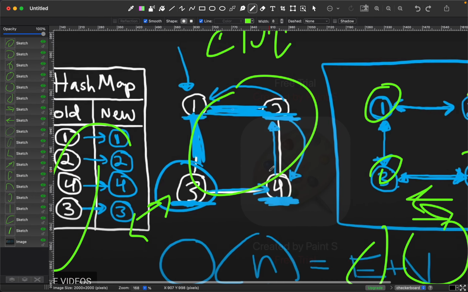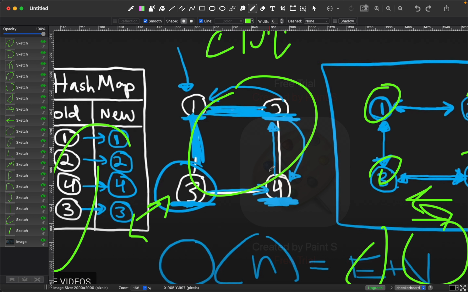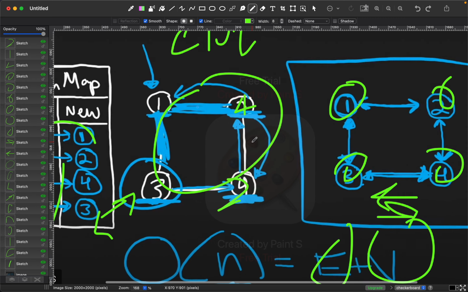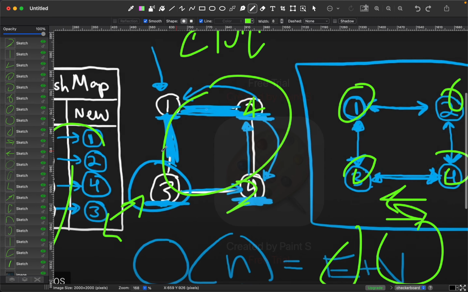So they do start off talking about how you want to do a deep hard copy, and if say that this is 4, this is 2, it's not considered a deep hard copy because the original has 1 2 4 3.